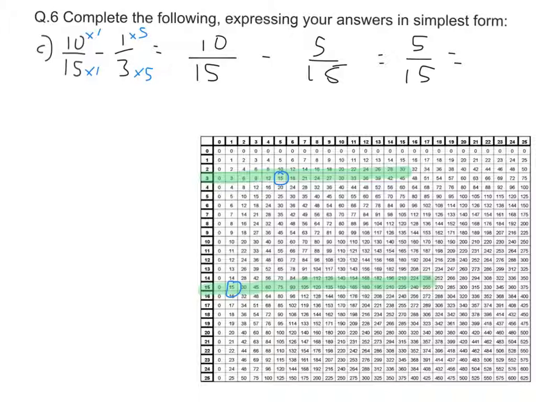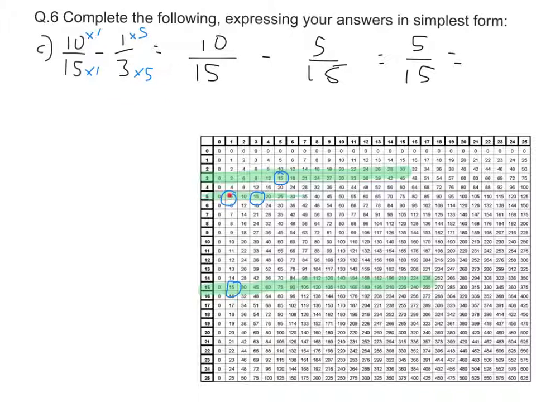Now I'm looking for the highest common factor. So I'm looking for the number 5 and the number 15 in the same row or the same column. I can't see a 5 in the multiples of 3. I can't see a 5 in the multiples of 15. But however, if I look at the multiples of 5, I can see that there's a 5 and a 15.